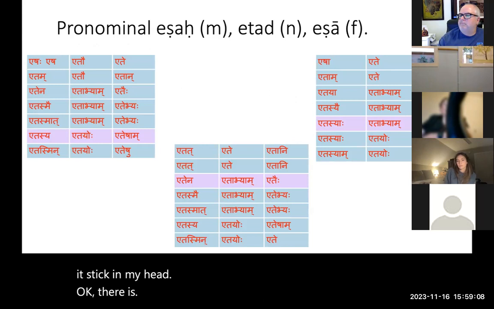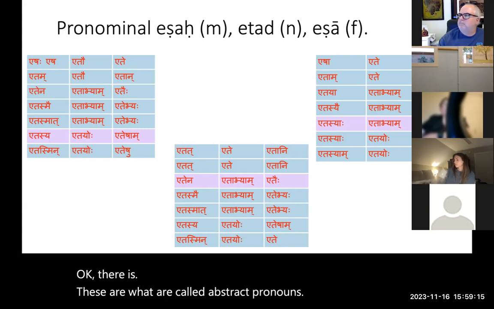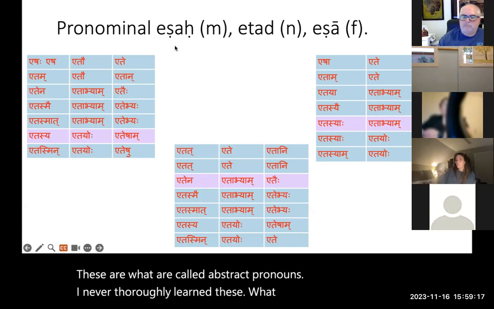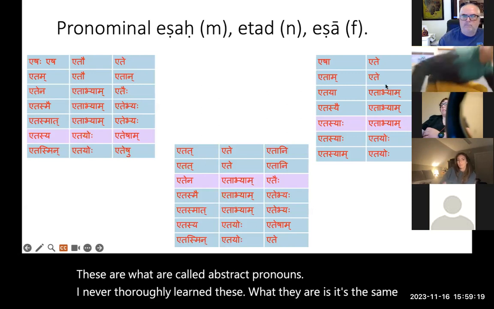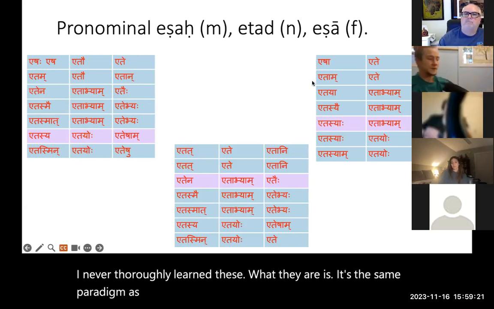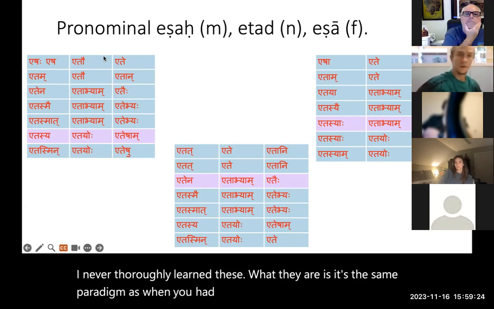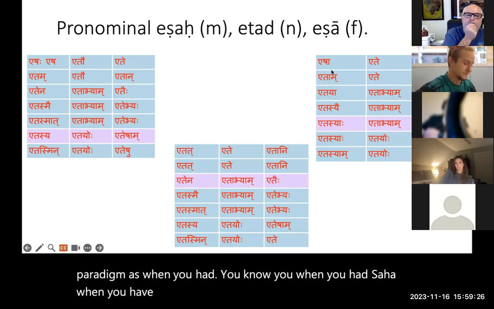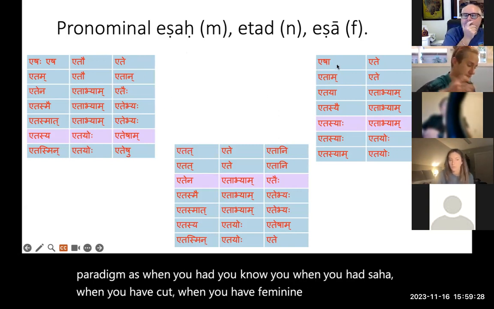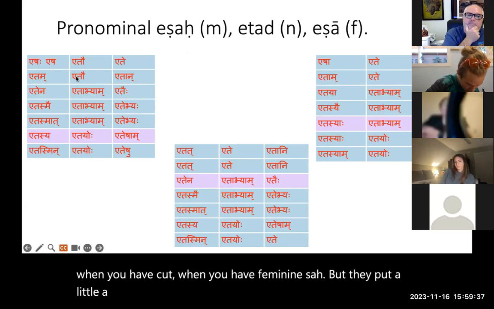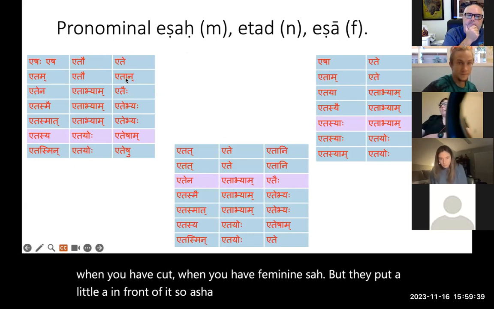These are what are called abstract pronouns. I never thoroughly learned these. What they are is the same paradigm as saha, tat, and feminine sa, but they put a little e in front of it. So esha, esha, etau, ete, etam, etau, etau, etan.